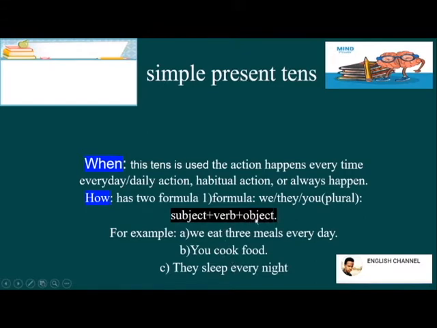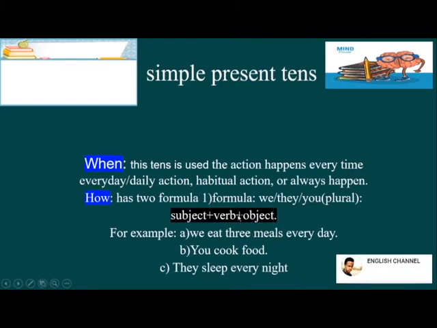And the object is what the action is done to, like something eaten, like we eat a meal. What we eat is a meal, so the meal is the object. What we cook or what you cook is food, so the food is the object.